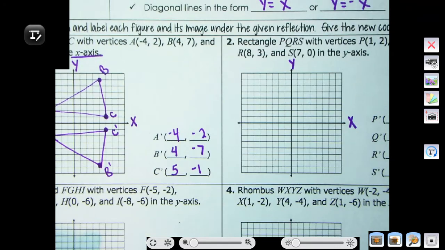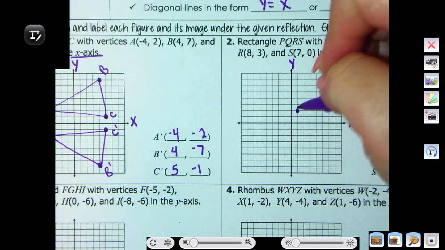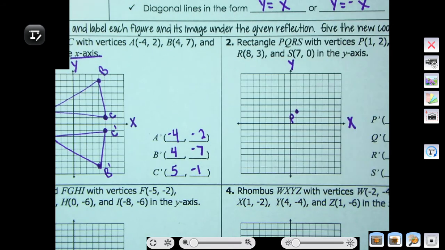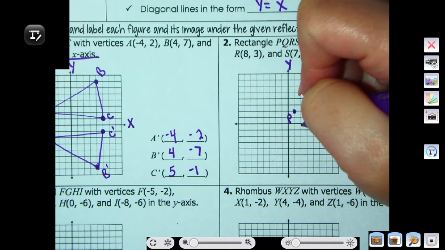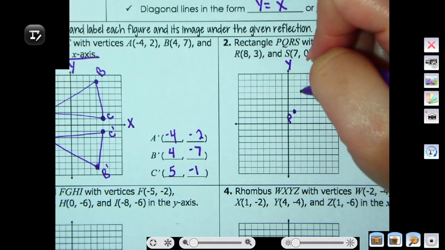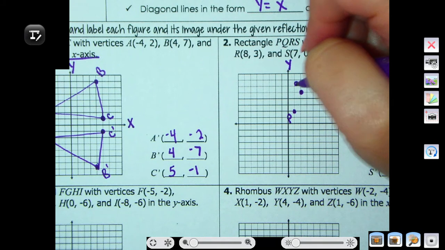So now we're going to be graphing a rectangle, PQRS. So I'm going to graph these points first. My first point P is at 1, 2. And then Q is at 2, 5. That's Q.